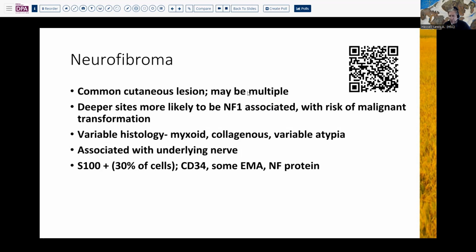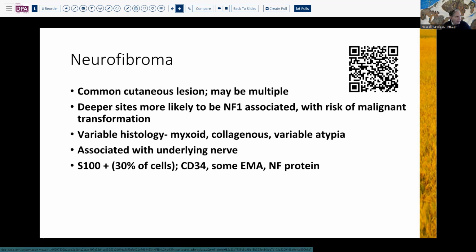But if a patient is afflicted with neurofibromatosis type 1, they will also tend to have a host of deeper lesions as well that can occur anywhere in any organ and create consternation in terms of radiographic evaluation and even clinical biopsy evaluation of various sites. These also will be S100 positive, but only in a minority of cells, and they should have CD34, some epithelial membrane antigen, and the presence of neurofibrillary protein.